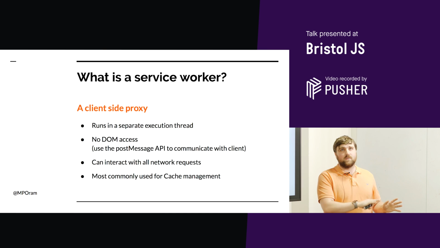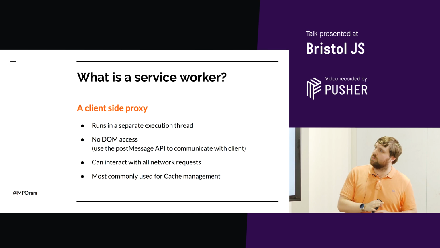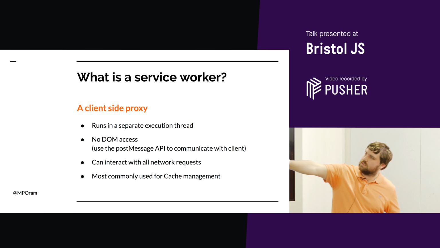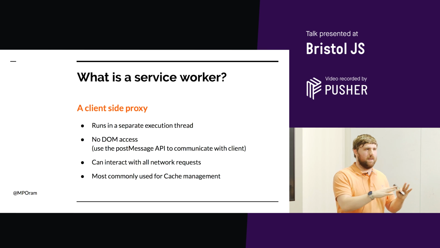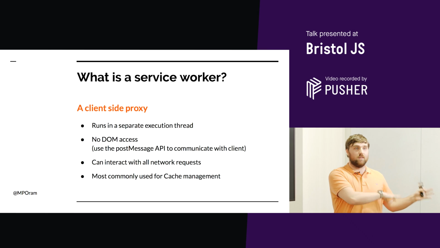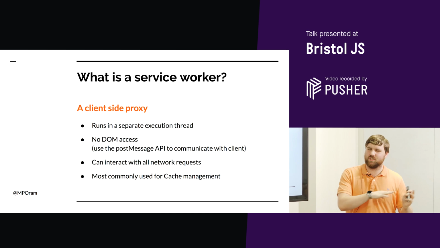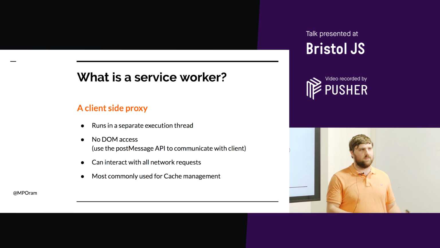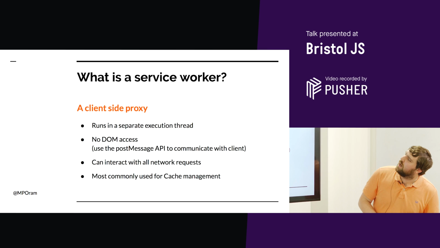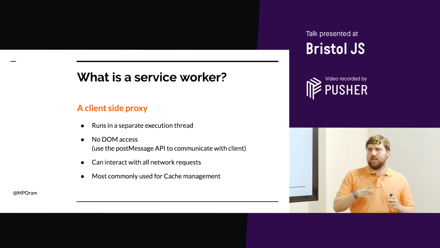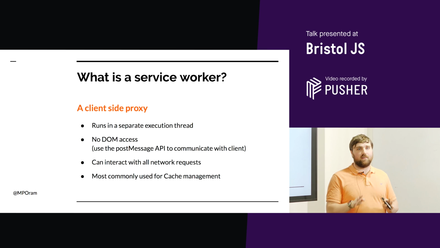It can interact with JavaScript and the DOM, but only through special APIs. It doesn't have direct DOM access because it is in its own thread. So it's got this post message API, which gives it the ability to communicate with the other thread that JavaScript's actually running in. But generally, you don't really want it to do that anyway. The idea of it is that it sits there to interact with all your network requests.